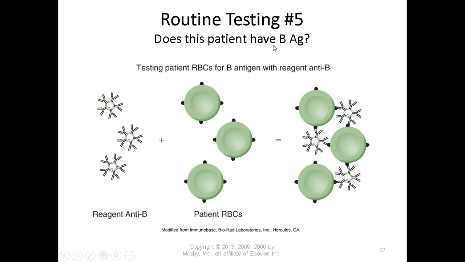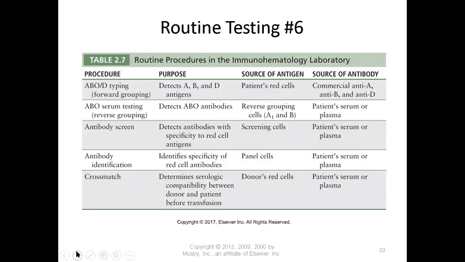Does this patient have B antigen? The answer is yes. And so we're going to see visible agglutination because the antibody against B found B antigen on the red cells, and we're seeing agglutination in our tubes, okay? If they did not have the B antigen, this would just be kind of out here, not bound to the red cells. Okay, so that's an example of how we use our known anti-sera.